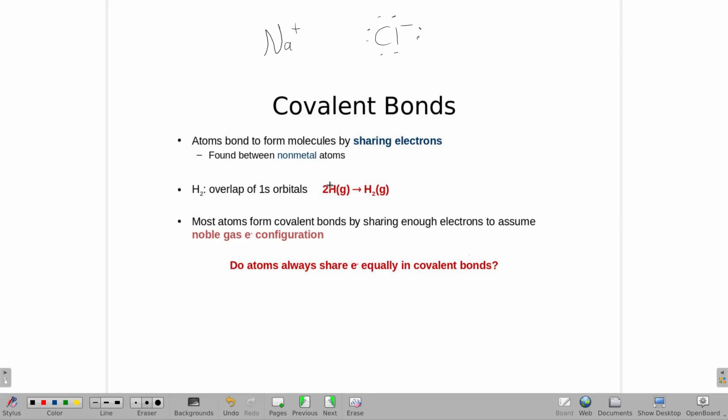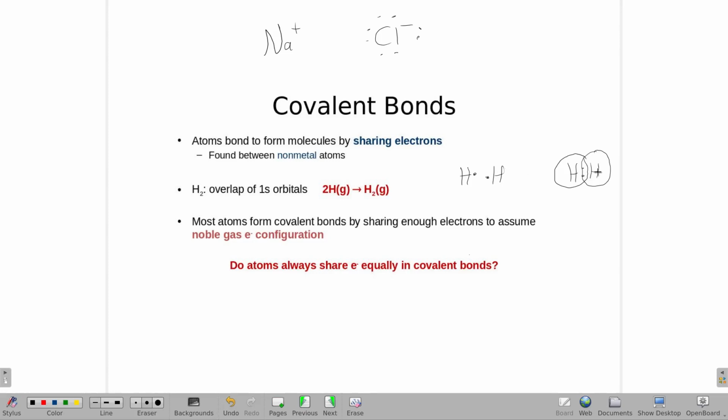On hydrogen, instead of donating its electron, that hydrogen keeps its electron, this other hydrogen keeps its electron, and they actually get close enough that both these atoms think they own each of those electrons. So the hydrogen on the left thinks it has 2 electrons, and now it's like helium. And the hydrogen on the right also thinks it has 2, and it's just like helium. So that sharing is what makes a covalent bond.